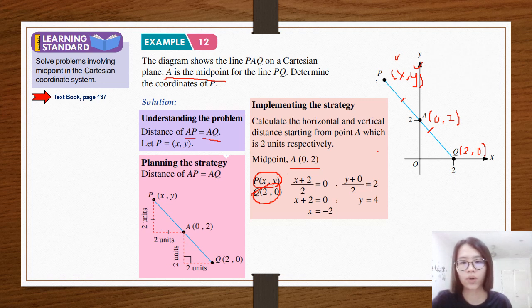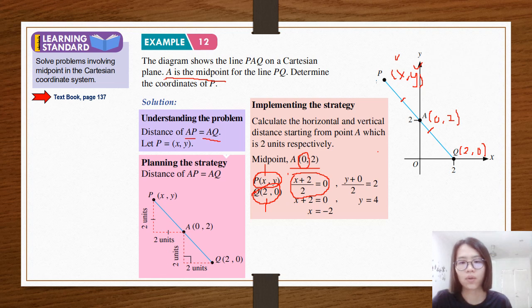Now we search for the x coordinates for point P. So we use x plus 2 divided by 2 equals to 0.